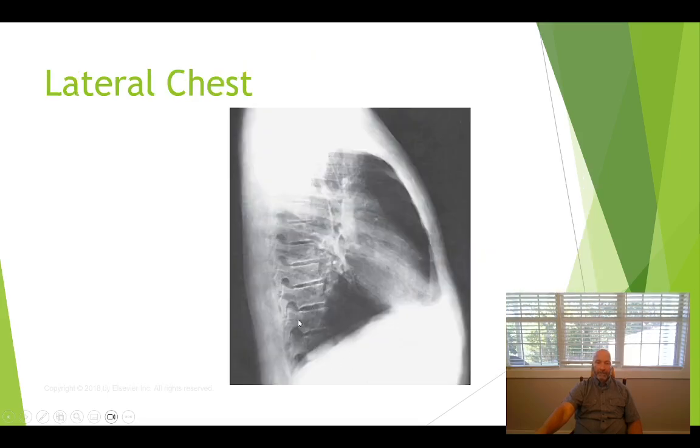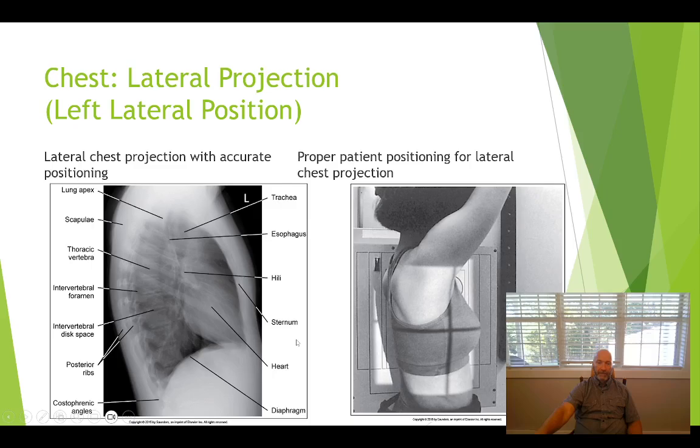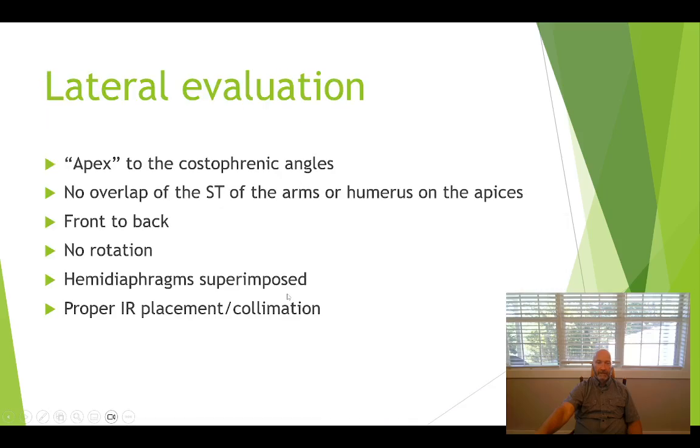So good lateral chest X-ray, a little bit of rotation, nothing to get in a twist over. We already looked at those. Lateral evaluation, we want to see from the apex to the costophrenic angles. We don't want to see that overlap. We want to see from the front to the back without any kind of rotation. We want to see the hemidiaphragms superimposed. Hemidiaphragms, diaphragms, I'm going to use those interchangeably.